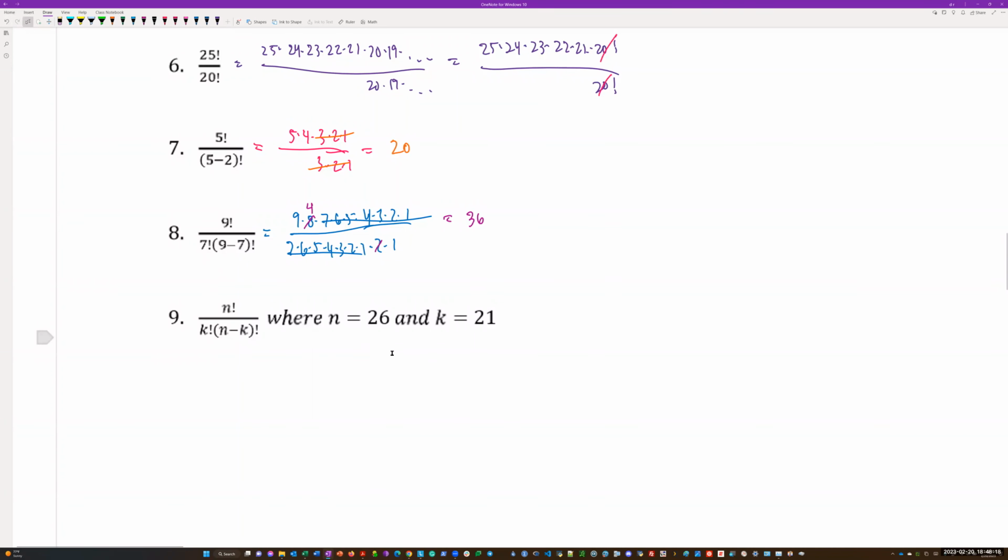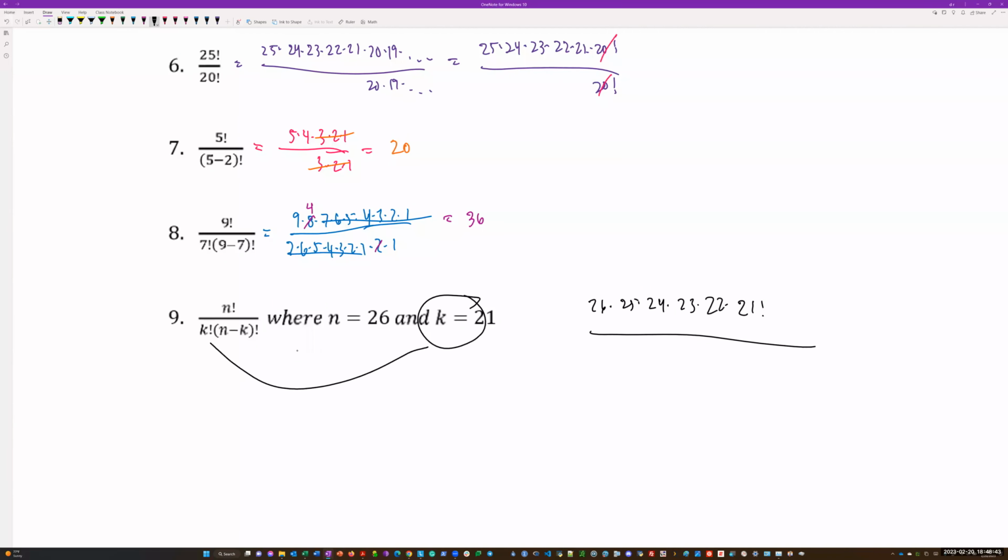What about this one? Well, this would be what? 26 times 25 times 24 times 23 times 22. How far am I going to have to go here before something starts canceling with stuff on the bottom? Like how much more stuff should I write here? 21 factorial, because there's going to be a 21 factorial right here also.